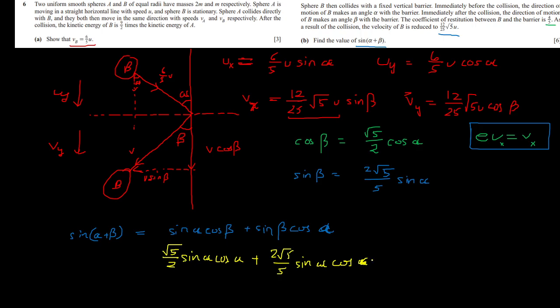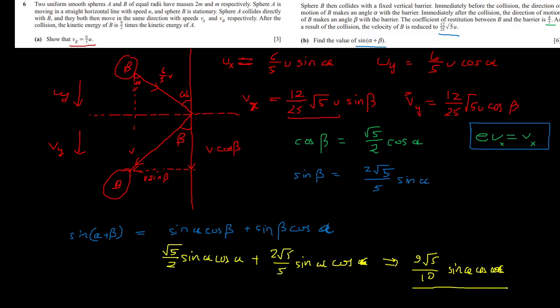Okay, and we can add the two components. You will be getting root 5 by 2 plus 2 root 5 by 5. So root 5 by 2 plus 2 by 5 equals 9 root 5 by 10 sine alpha cos alpha.